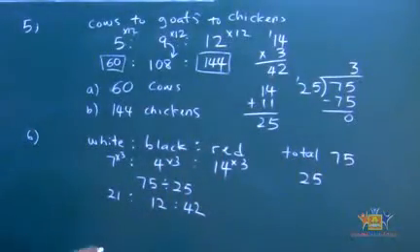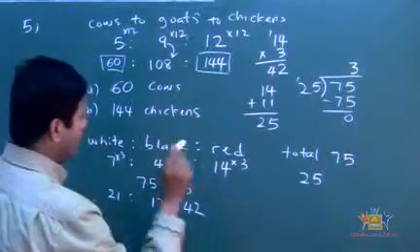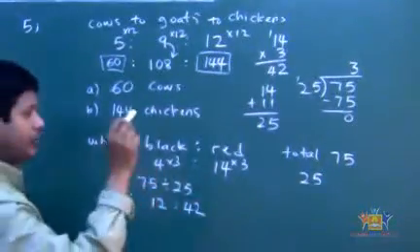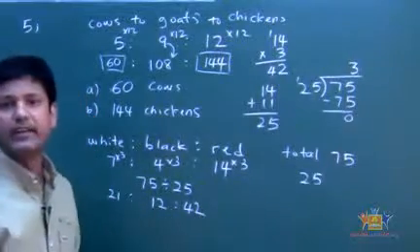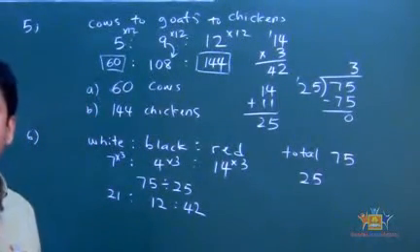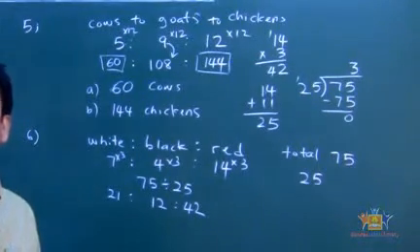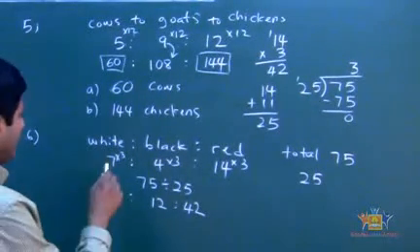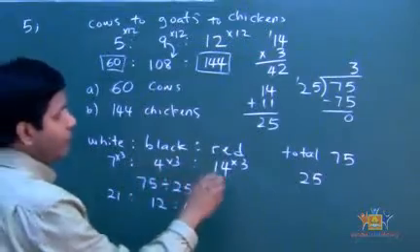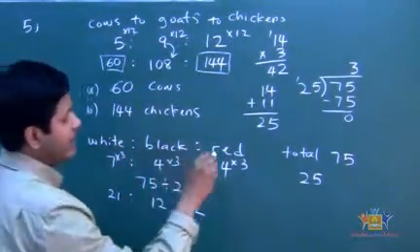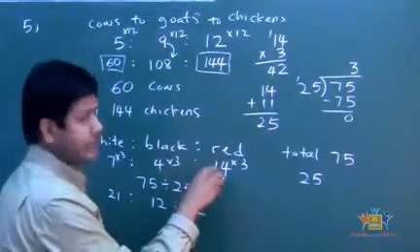So whenever you're given the total and the ratio, you add up the ratio, and you divide the given total by it, and that will give you the number of marbles in 1 part. In other words, there are 7 parts of white, 4 parts of black, and 14 parts of red.